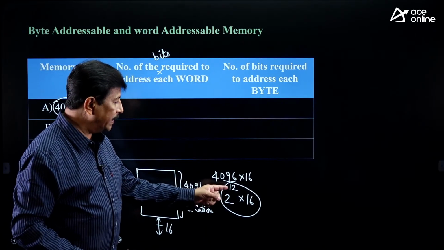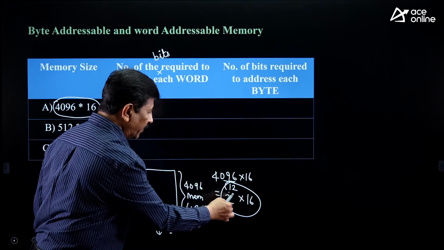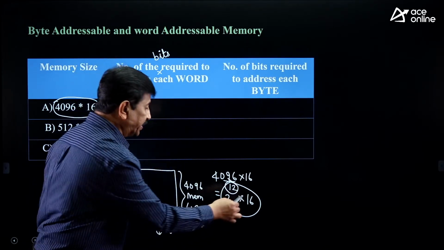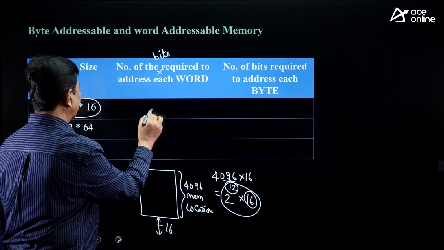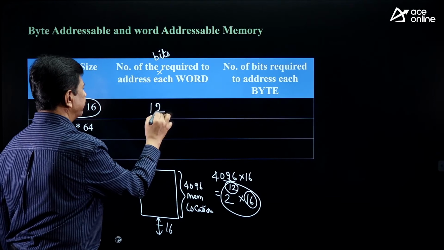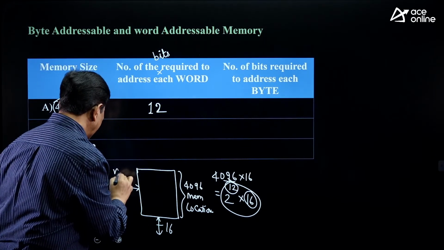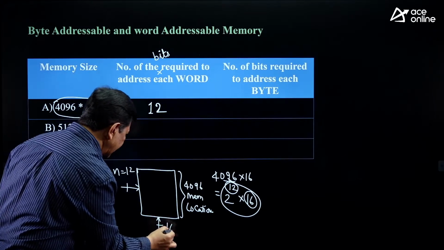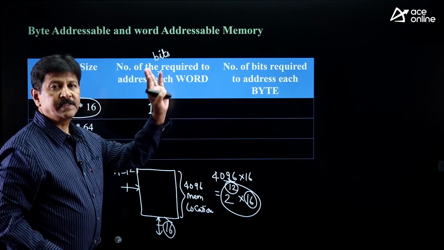Whenever you write the memory size in this fashion, the 12 will tell how many address lines are required and 16 will tell how many data lines are required. Hence, it requires 12 address lines, and of course data lines are 16. But what if it is byte addressable memory?